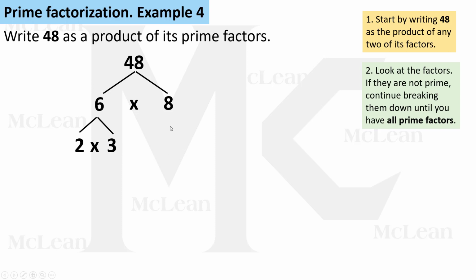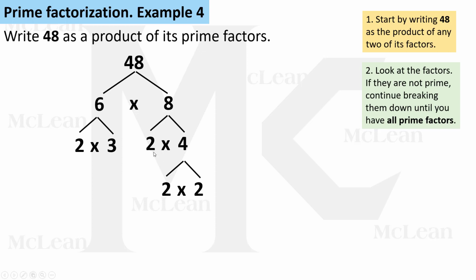Moving on to 8. What times what gives me 8? 2 times 4 gives me 8. Are we done here? 2 is prime, 3 is prime, 2 is prime, 4 is not prime. So we have to break down 4. 2 times 2 gives me 4.